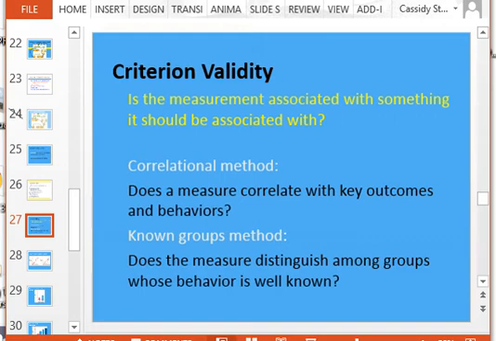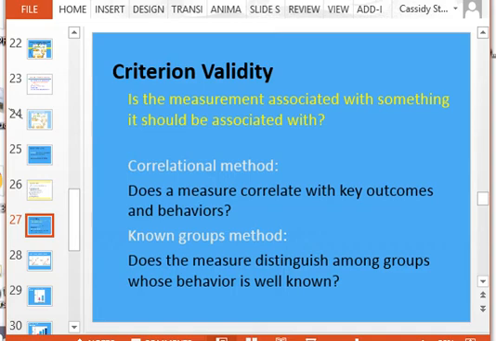So criterion validity is looking at, is there actual evidence that shows that my test is testing what it's supposed to be testing? So there are two methods for this. There's the correlational method and the known groups method. The correlational method is whether my measure correlates with key outcomes or behaviors. Basically what I've just given you an example of.